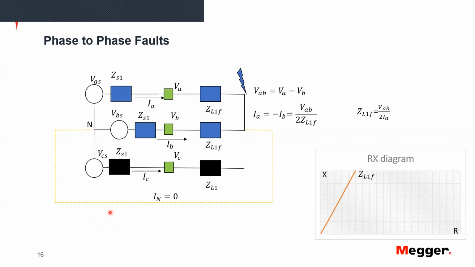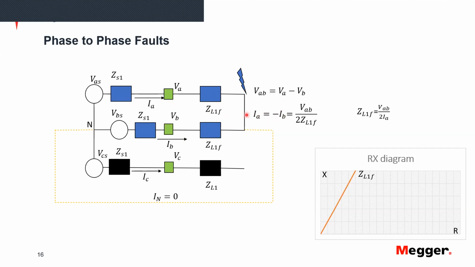Now, a phase-to-phase fault is a little bit different. In a phase-to-phase fault, again, the neutral is not involved. We don't have anything going on phase C. Phase C could have its own load going on. I don't know what's happening on phase C, but on the other two, we have a current going from A and coming from B, which means that these two currents have the same magnitude, but they are 180 degrees apart.